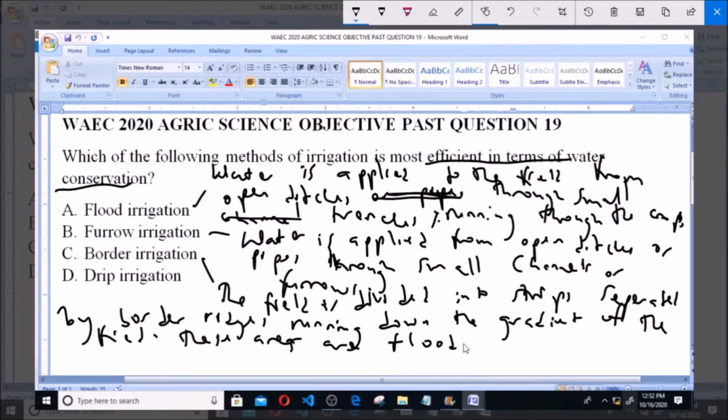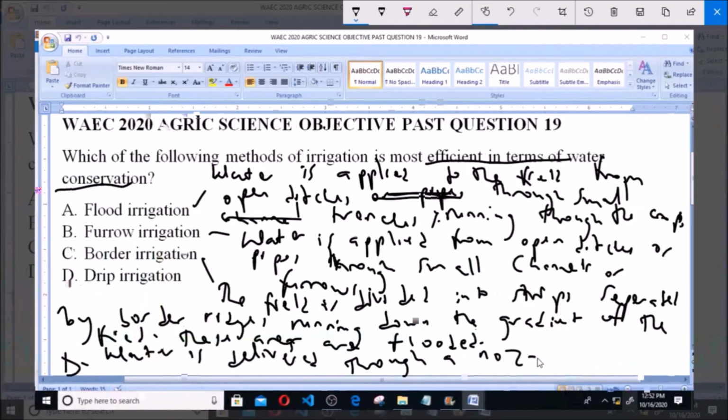And lastly, option D, drip irrigation. The water is delivered through a nozzle at intervals to the roots of the plant.